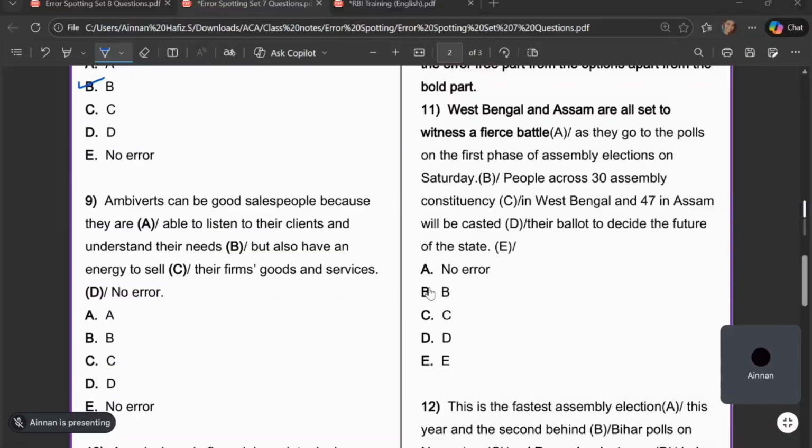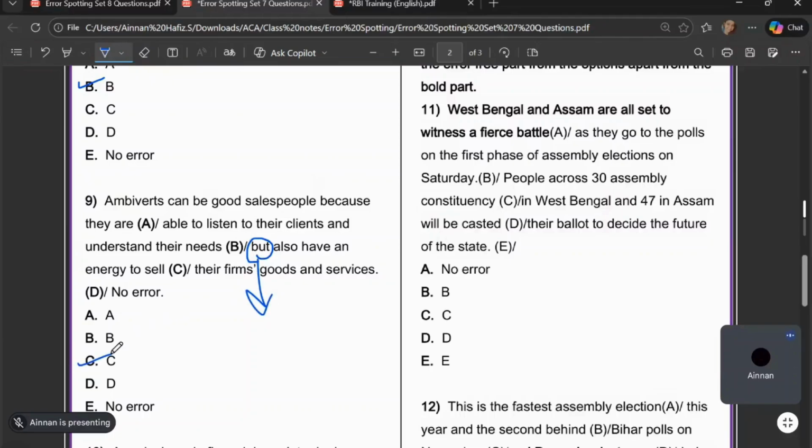C? Yes, ma'am. Instead of but, it can be an and, ma'am. Okay. Ambiverts can be good salespeople because they are able to listen to their clients and understand their needs, but also have an energy to sell their firms and also. Perfect. So instead of but, it should be and. Perfect. So the error is in C.